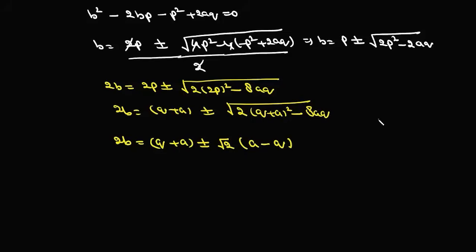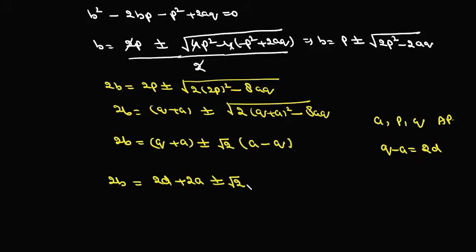Now in the question, A, P and Q are in AP. Now if the common difference of this AP is D, then basically Q minus A will be equal to 2D. So we can write 2B equals 2D plus 2A plus minus root 2 into Q minus A, which will be plus minus 2D.